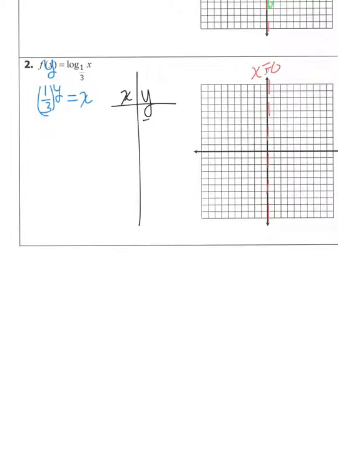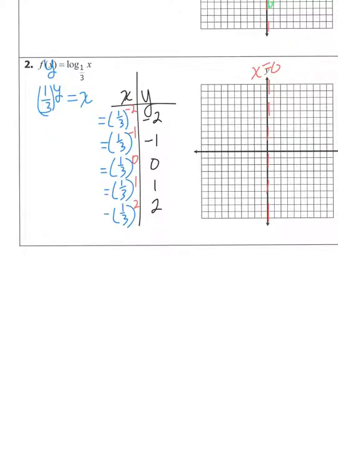And we're going to choose the same values for y: -2, -1, 0, 1, and 2. I am going to plug our y values in as the exponent on 1/3. This is what I'm putting into my calculator, into the main screen: -2, -1, 0, 1, and 2.